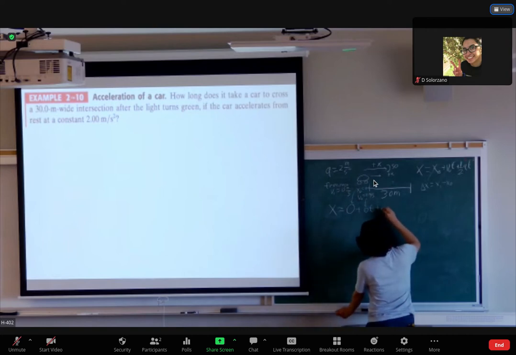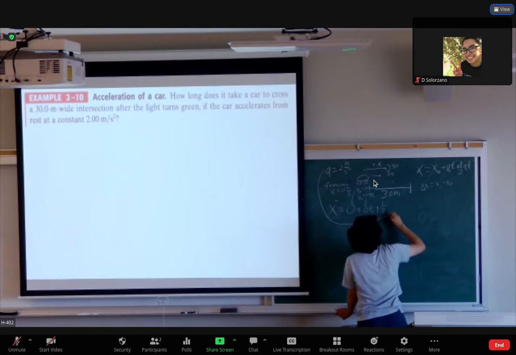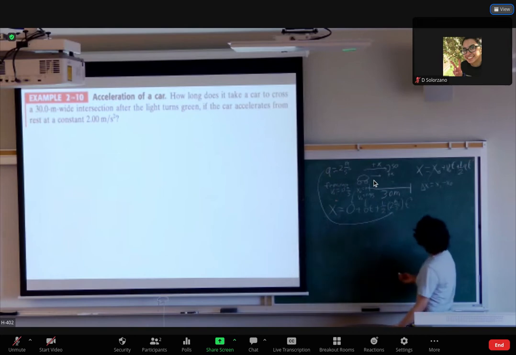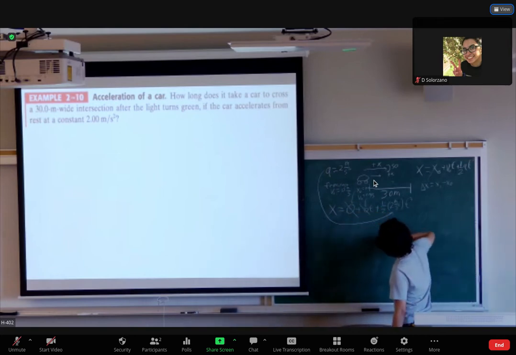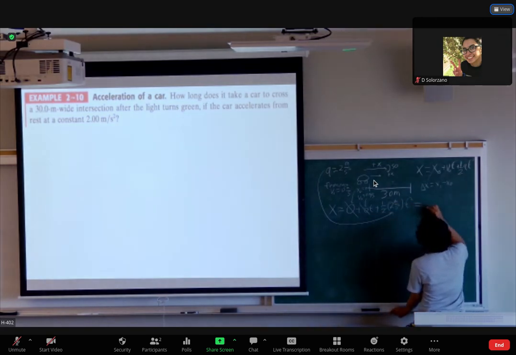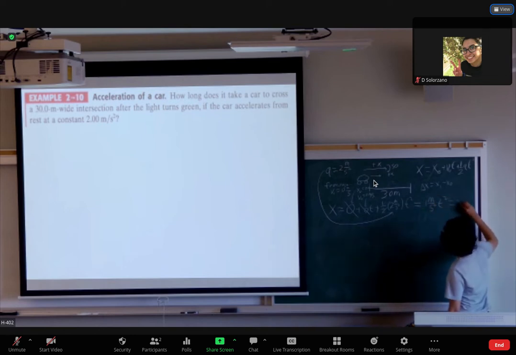And then you're going to have 1 over 2a, 2 meters over second squared, and then t squared. Right? So now you can simplify this by getting rid of that officially. These two are going to cancel out because they're both 2. So then that equals 1 meters over second squared t squared equals x.